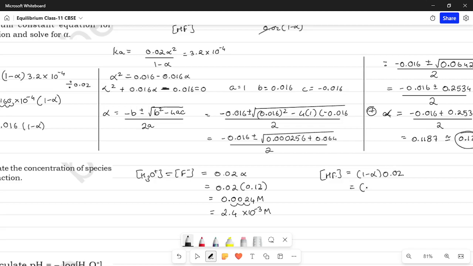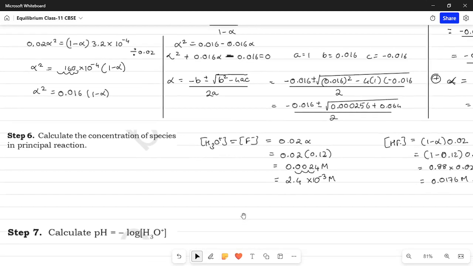So 1 minus 0.12 into 0.02. So this, when simplified, will give us 0.88 into 0.02. And this is equal to 0.0176 molar. So this is the concentration of HF. So we figured out the concentration of the species.